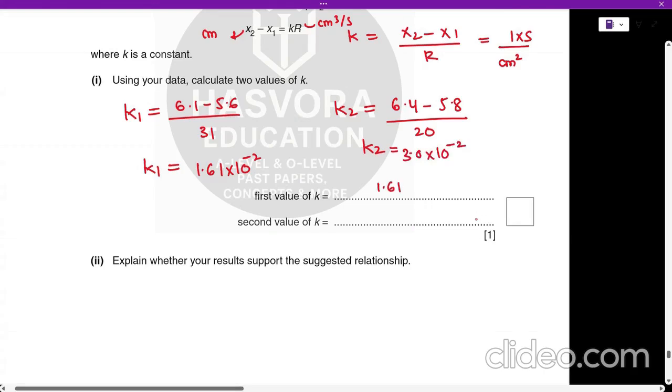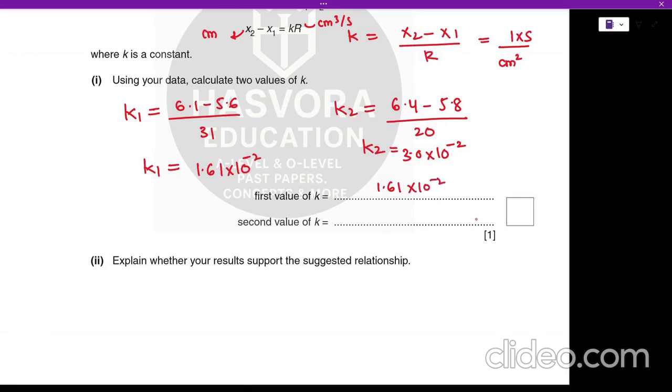So the first value is 1.61 into 10 power minus 2 second over centimeter cube, and the other one is 3.0 in 10 power minus 2. We are going to maintain the significant figures to 2. So s over cm cube.